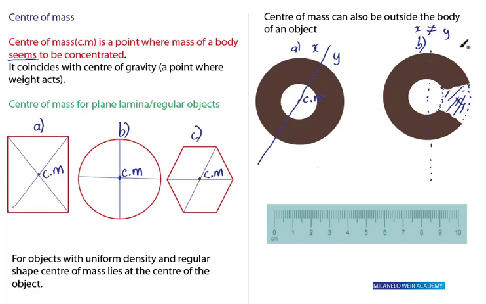Clearly Y is less because we removed from side Y, and to balance we have to move to the left a little bit. So the center of mass will be somewhere here, so this is now our center of mass. We removed some parts of the ring on the right, so the center of mass shifted to the left.